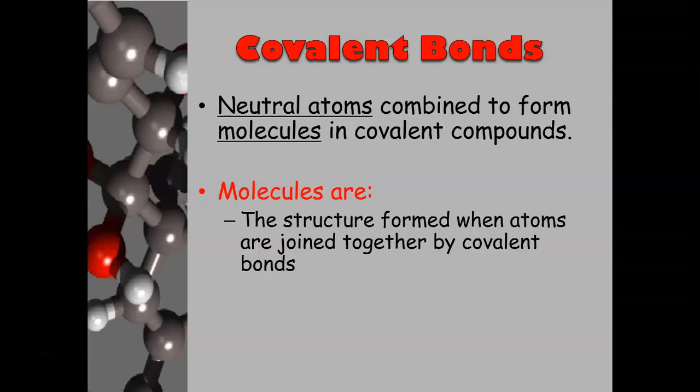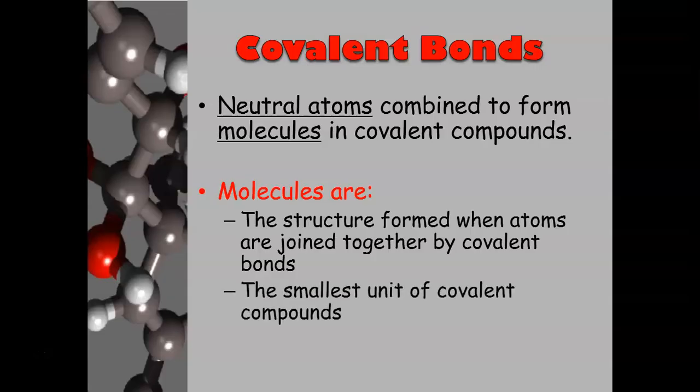But a lot of times you'll see that molecule term used really strictly with the covalent compounds, and we're talking about it as the smallest unit of that covalent compound. So while I can break apart those atoms, they start to lose the properties of that compound in and of itself. So just keep in mind if you see that term specifically linked to covalent compounds, that's not uncommon, but we won't get super nitpicky about it.